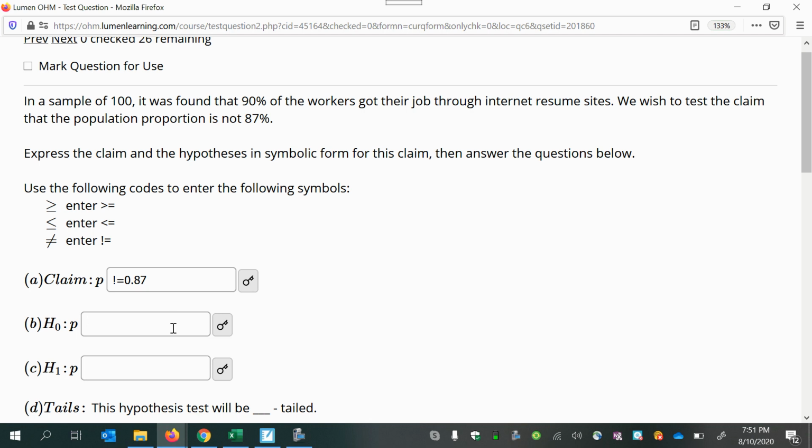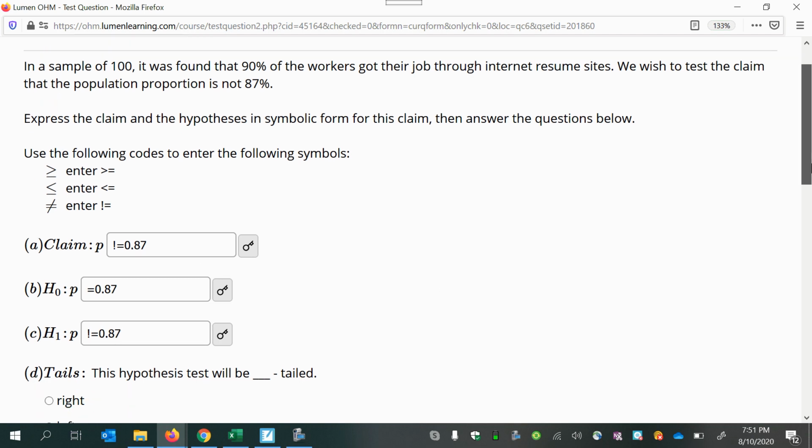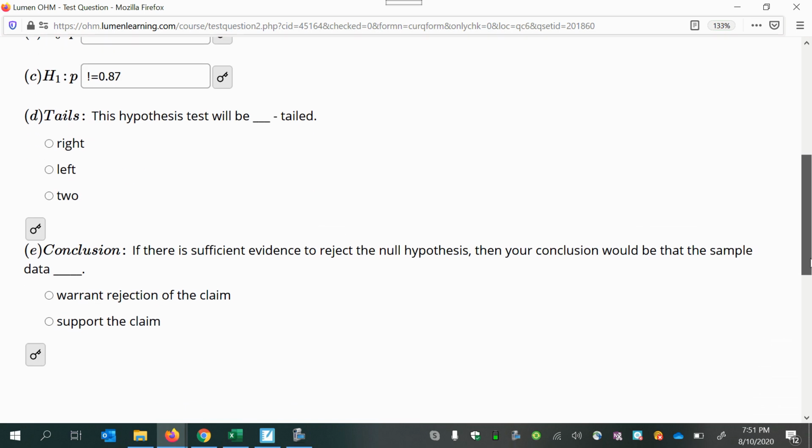Then your null will always use the equal sign. Your alternative, if there's no equality in the claim, it becomes your alternative hypothesis. So that makes this a two-tailed test since there's no direction to the symbol in the alternative hypothesis.